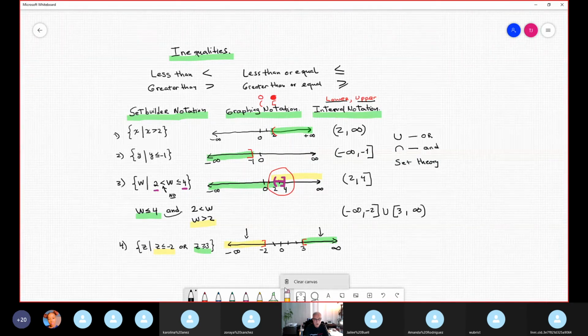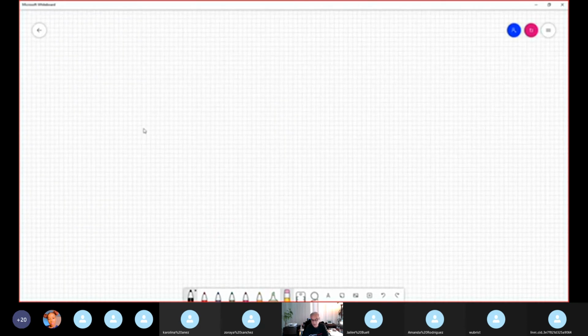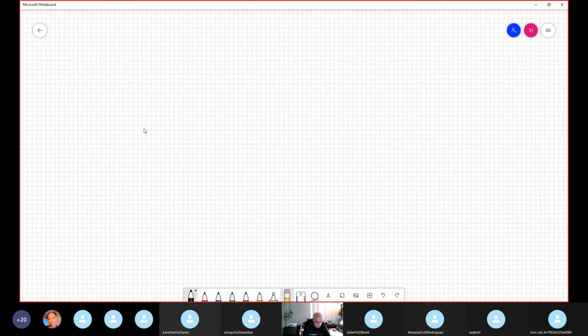Let me explain some details about how an inequality is different from an equation. The first super important detail is what I call rule 1. Rule 1 says if you multiply or divide, it's the multiplication property of inequality. This is the technical name.